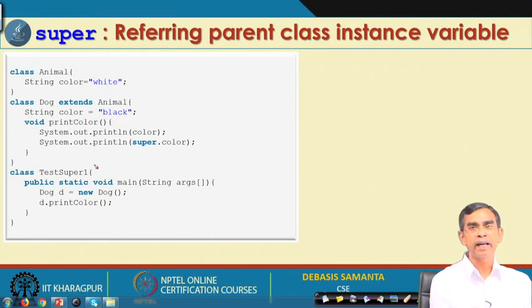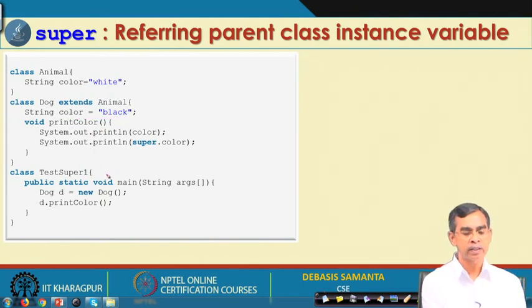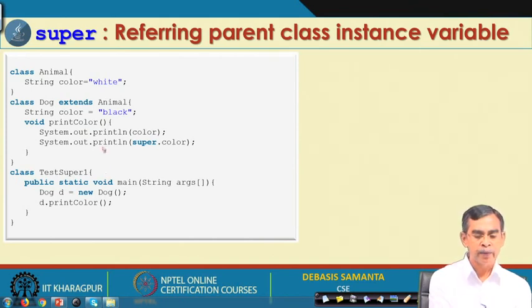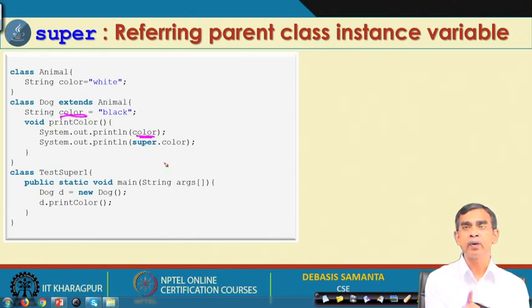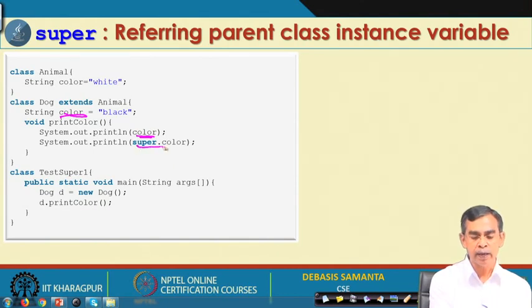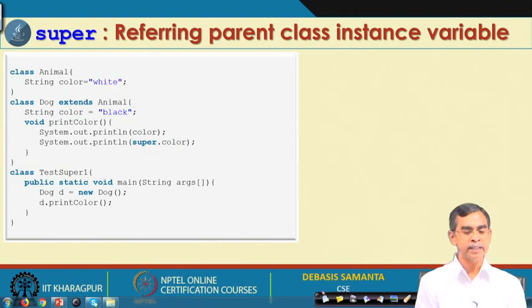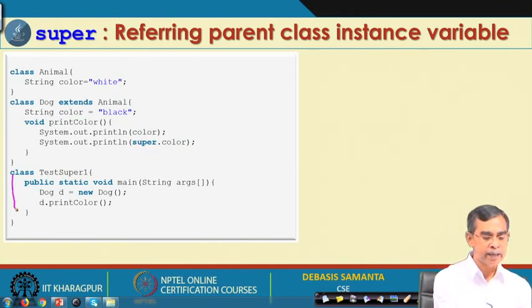Now, in the print color method, which is a new method in the class Dog, if we refer to this color, then it refers to this color. But if we want to mention the color which belongs to the super, then I should write super dot color. So, super dot color will refer to this value, whereas this color will refer to this one. Now, this is the main program.